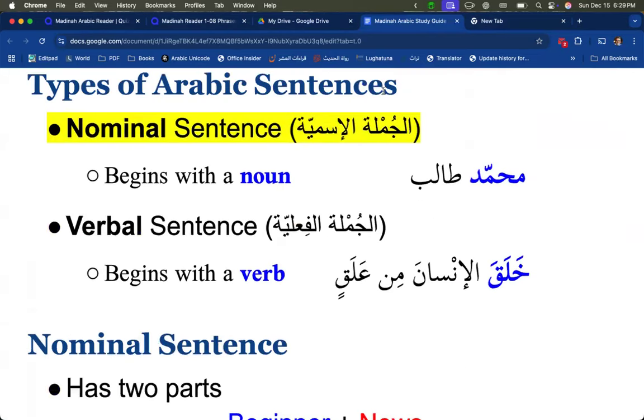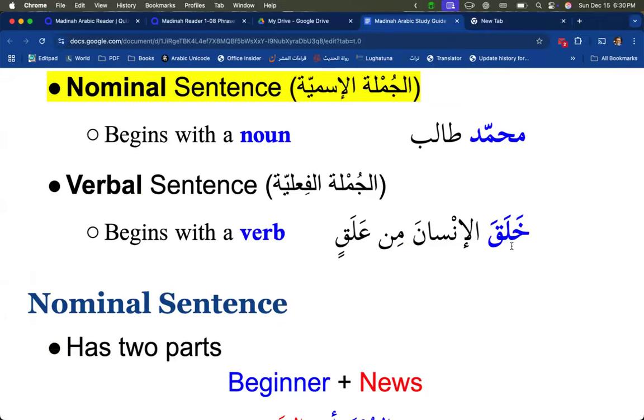Nominal sentence. What is a nominal sentence? A sentence that begins with an ism. Remember, hada is also an ism. So anything that begins with hada or tilka or dhalika is also a jumla ismiya. It's also a nominal sentence. Like Muhammadun talibun. Muhammad is a student. And remember the mubtada and khabar? So Muhammad is the mubtada and the talib is the khabar. Muhammad is a student. Yes.